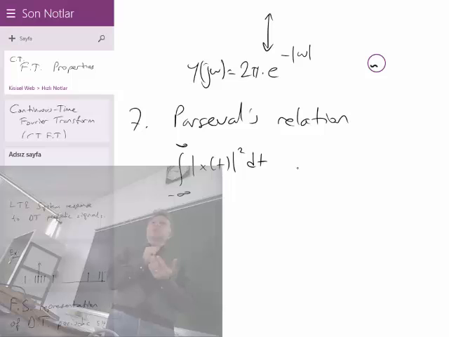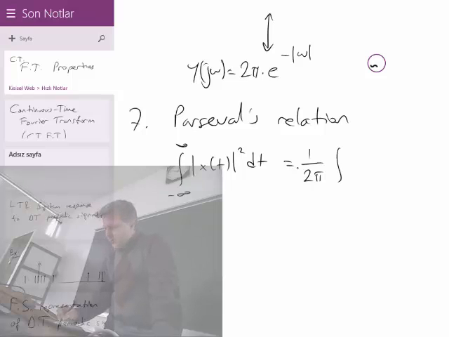That would correspond to the average power. This one is the energy, and they are the same squared entities. This evaluation is equivalent to the same evaluation in the Fourier domain, from minus infinity to infinity, d omega.